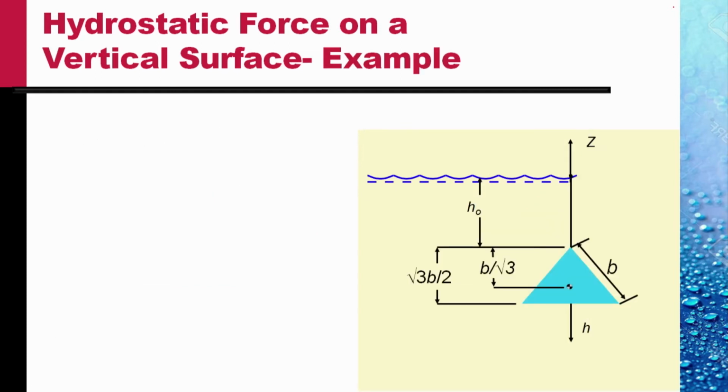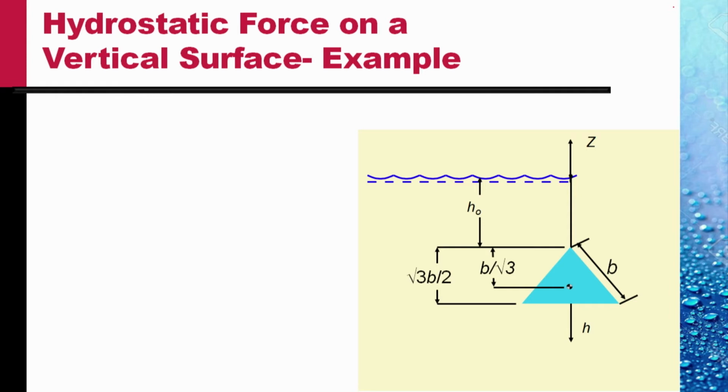Let us do an example. We have an equilateral triangular plate with each side equal to b. It is immersed in a liquid of density rho to a depth such that the vertex of the triangular plate is at depth h0. We have to find the location of the centroid.